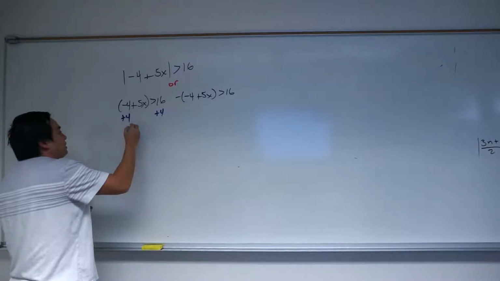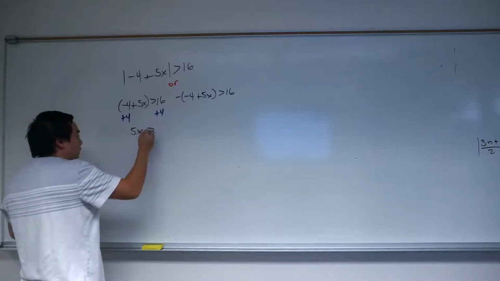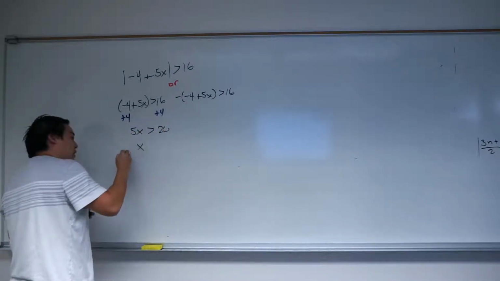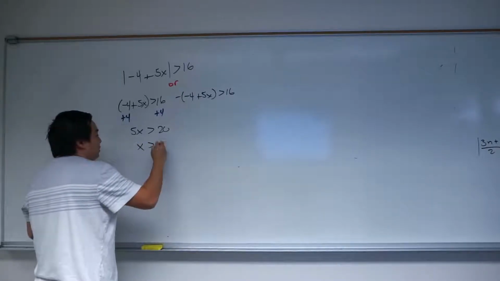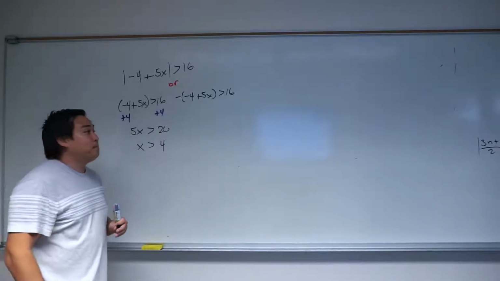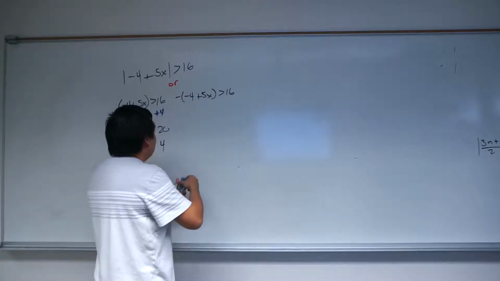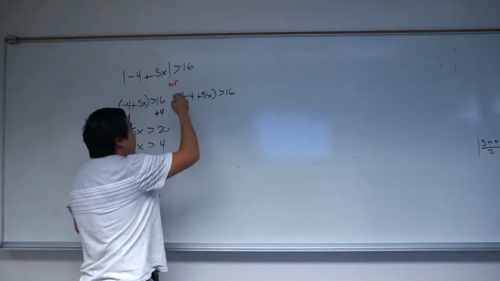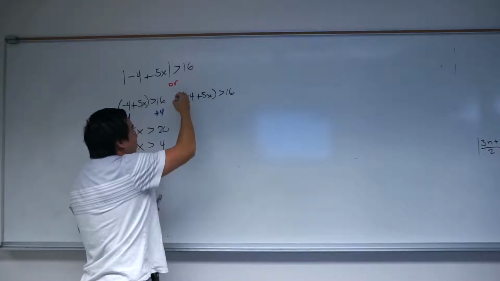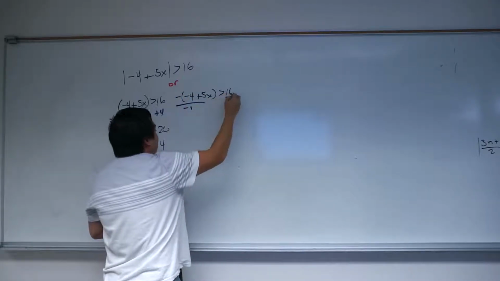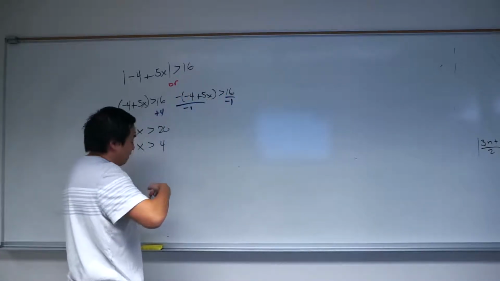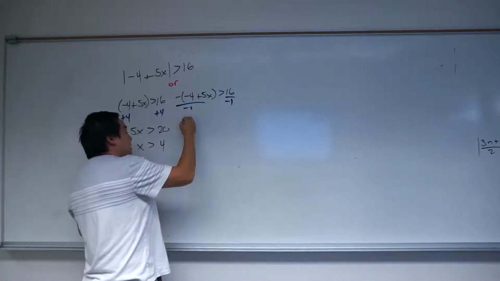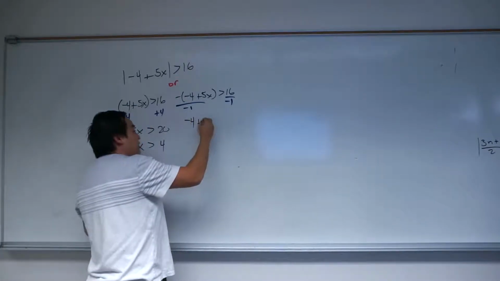So what we get here is 5x is greater than 20, and x is greater than 4 by dividing both sides by 5. Now, getting rid of this minus sign, you can either do the distribution like we said before, but I'm just going to divide through by this -1, so we can get rid of it right away. So that is -4 plus 5x.